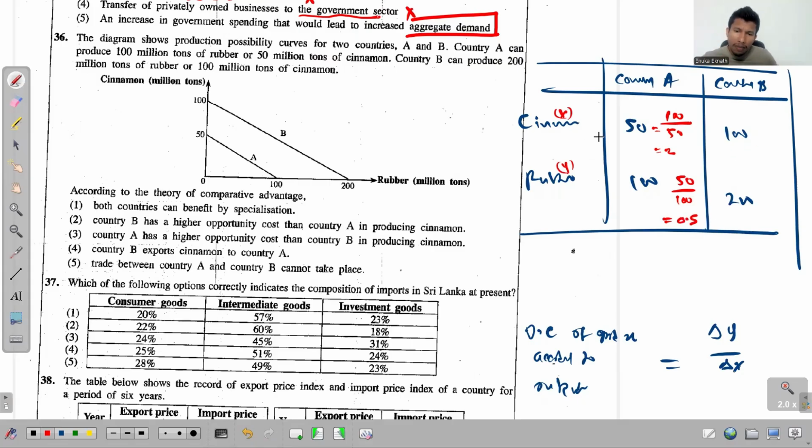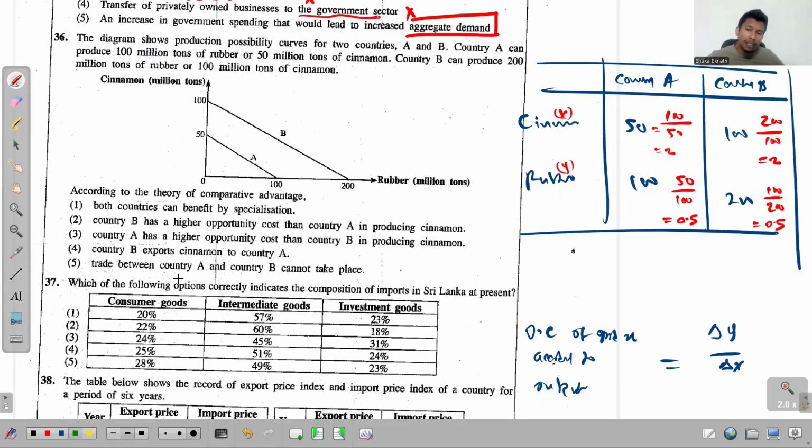And in country B, the opportunity cost of producing cinnamon, that is X, is delta Y over delta X. So that is 2. And in country B, opportunity cost of producing rubber, that is Y, is delta X over delta Y. So the answer is 0.5.